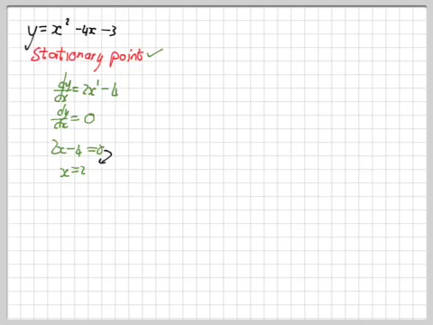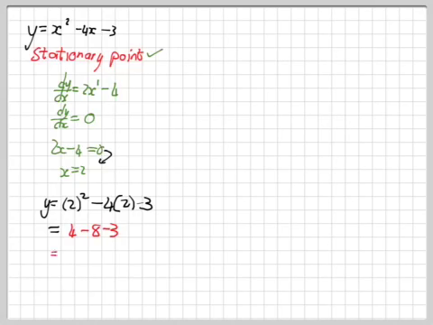But be careful, this is only the x value where it turns. So if we want the y value, we still have to substitute this back. So it's 2 squared minus 4 times 2 minus 3. Working this out gives me 4 minus 8 minus 3.